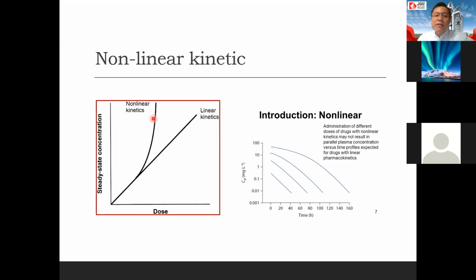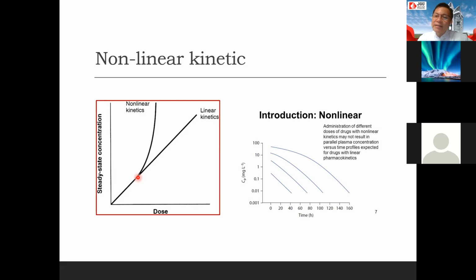So most of the drugs, let's say we talk about phenytoin. Now, phenytoin, the Vmax is quite low. The Vmax is within the therapeutic dose. The therapeutic dose of phenytoin is around 300 to 500 milligram per day for adults, and the Vmax is around 400 for normal adults.